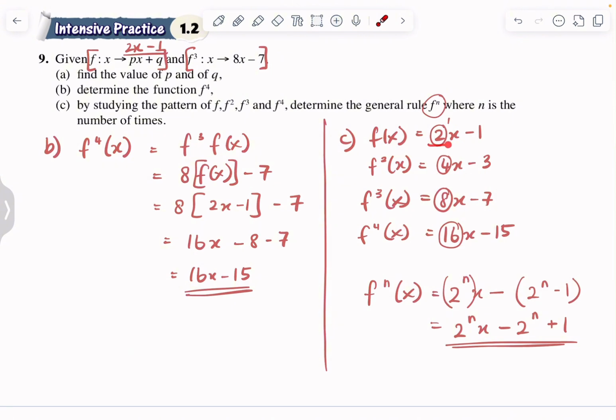This is 2 power 1, 2 square, 2 cube, 2 power 4, and then 2 to the power 5 would be 32. These are numbers you'll be using a lot. Okay, and then these numbers, you can look at the pattern here. This gave us the clue. So we already found that this is 2 to the power of n, and this is just 1 lower than that. So 2 to the power of n minus 1.